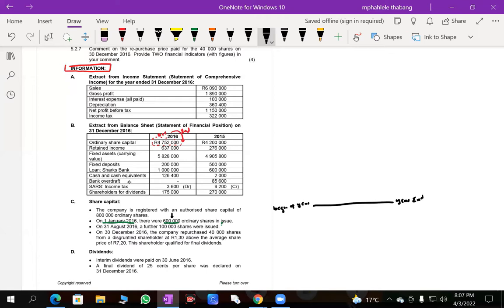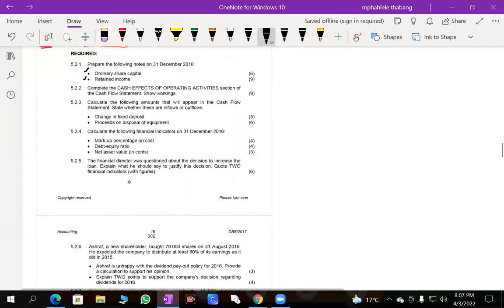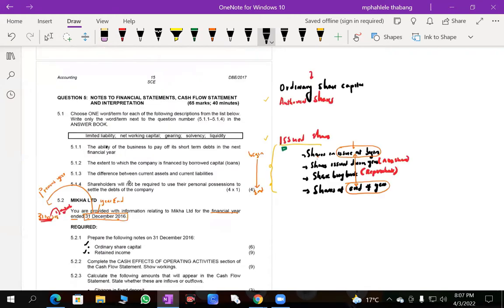You have to know the beginning of the year. It's 1 January 2016, and we are doing the recording of the books, which end on 31 December 2016. So how many shares was there on 1 January 2016? We are told it's 600,000. So we come here, we write 600,000.